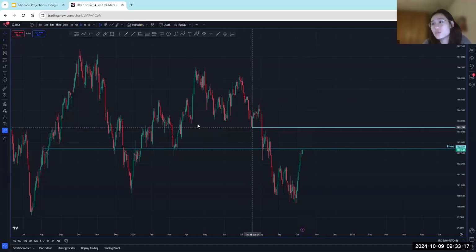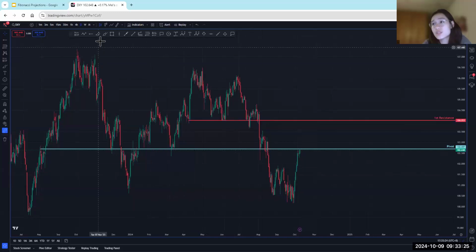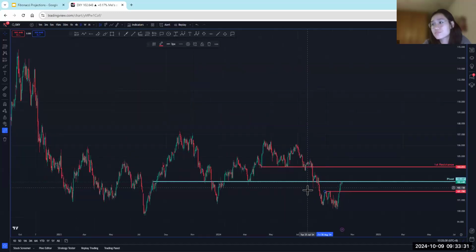The first thing I do after establishing the general trend is going with our horizontal levels. These are purely graphical. We're just looking at where our swing highs and swing lows end.